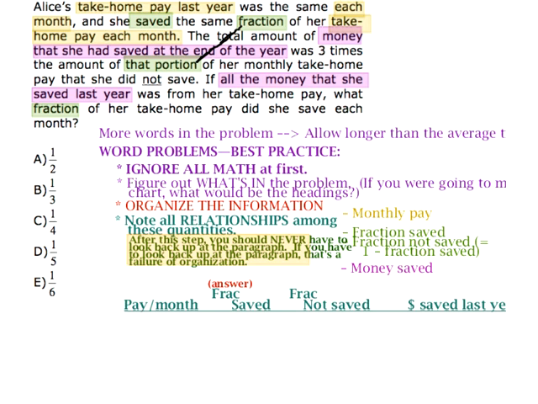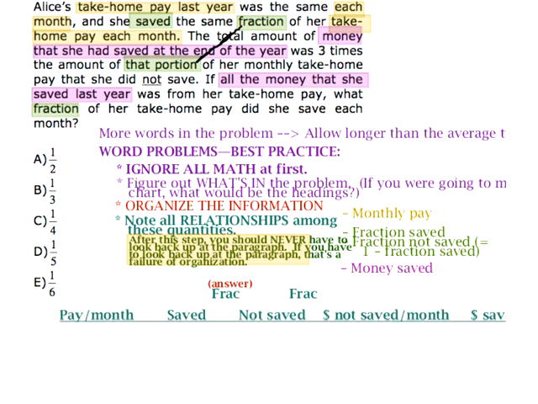Then the total amount of money she saved is 3 times. So I'm going to add a column for not saved per month, just because that is in there. I mean, that's this quantity right here.